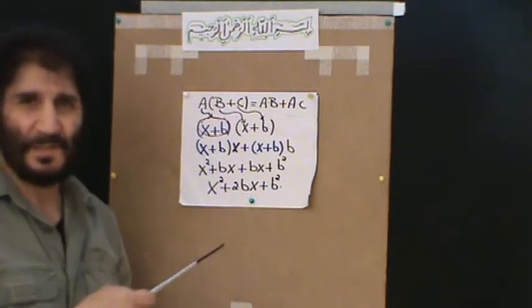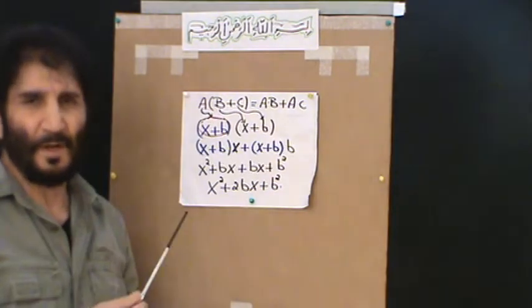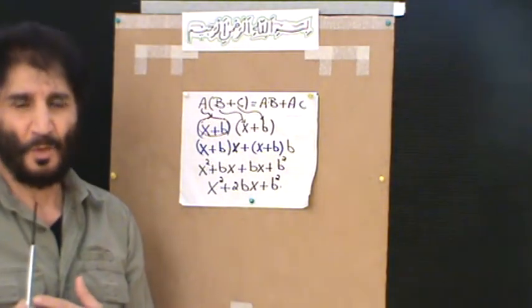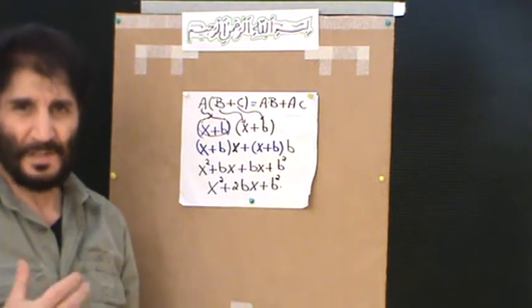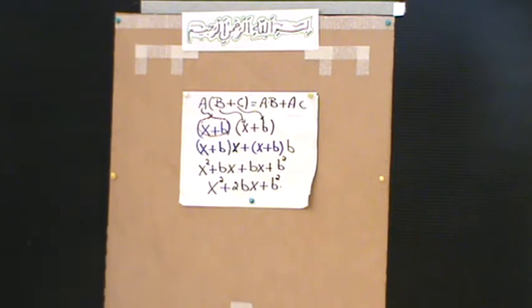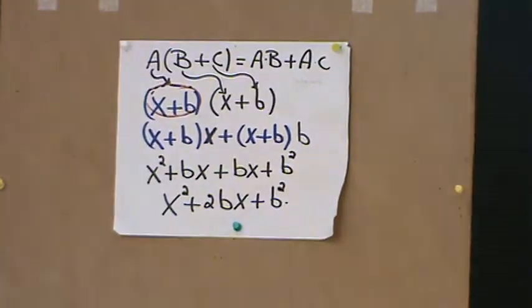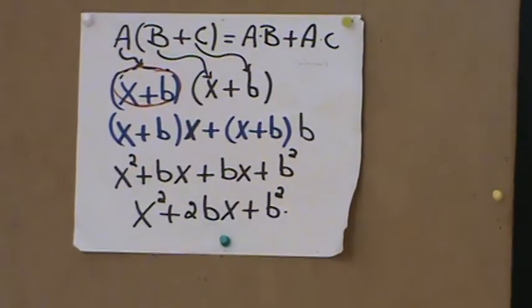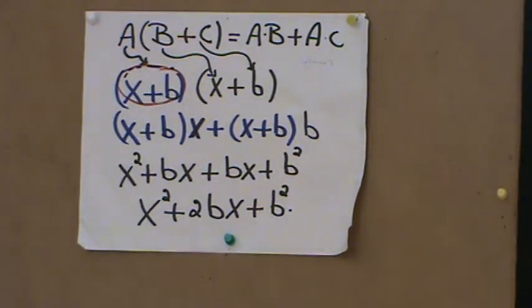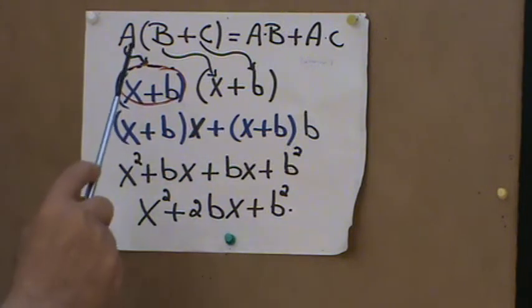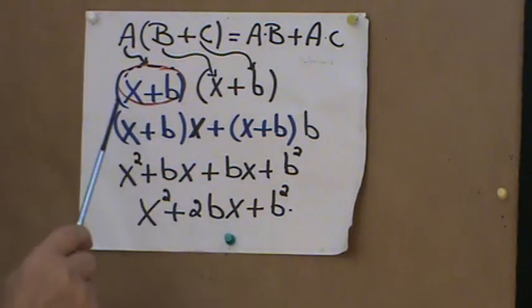I don't think it's very visible, but when I zoom it, I will stand out of your way, so that hopefully it will be nicely focused and visible to you. Well, I hope that it is now visible to you. That is the distributive law of multiplication over addition.